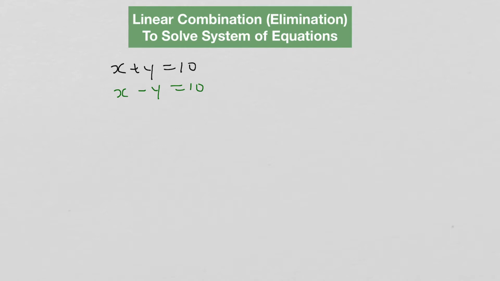If we were to add this entire equation together, we're going to get 2x, because x plus x is 2x. Now look what happens to the next variable, y. Y plus negative y gives us nothing.